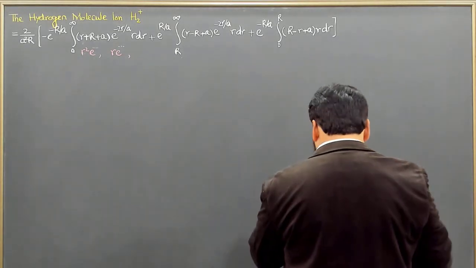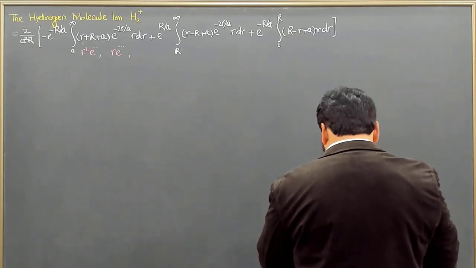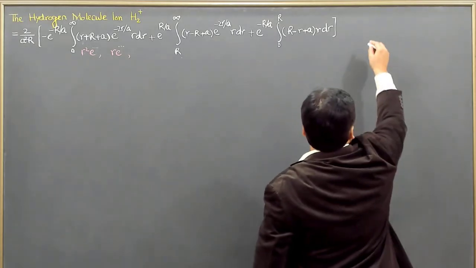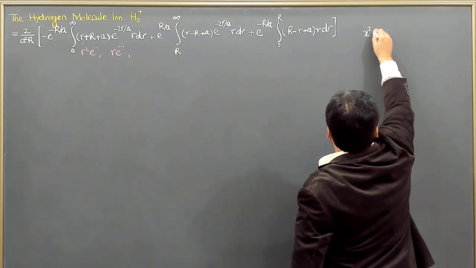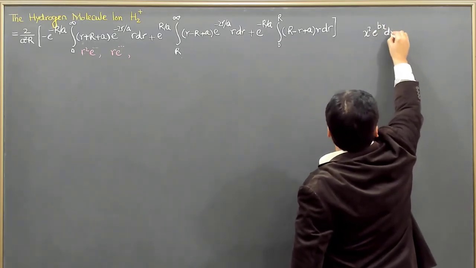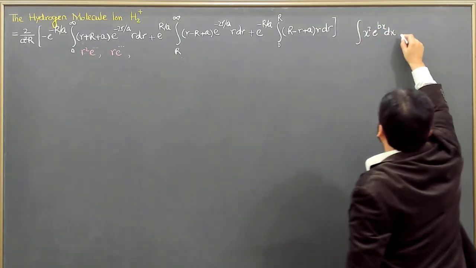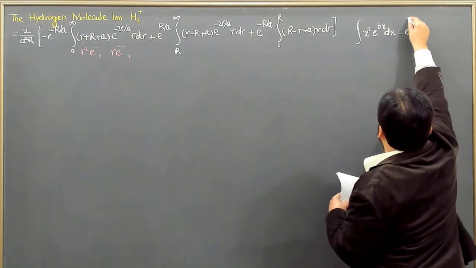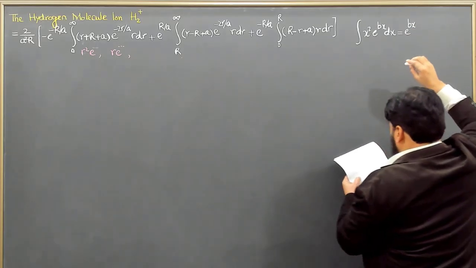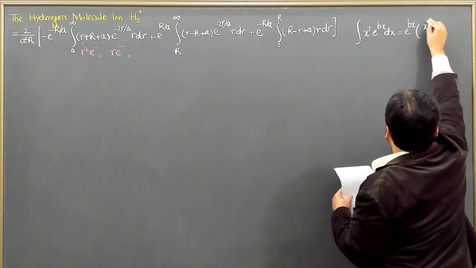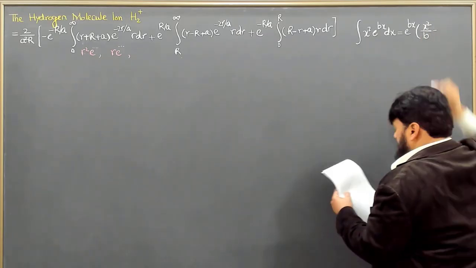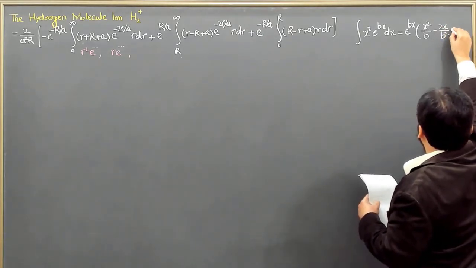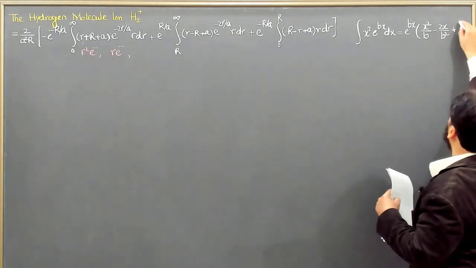When we are having x squared e to the power bx dx, and we are integrating such an integral, then this is equal to e to the power bx times x squared over b, minus 2x over b squared, plus 2 over b cubed.